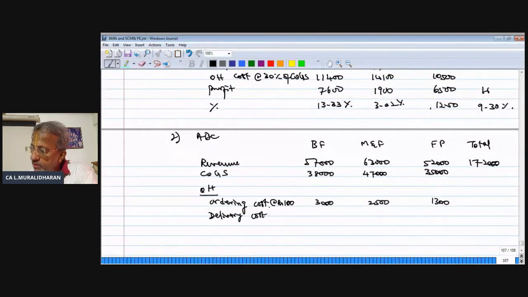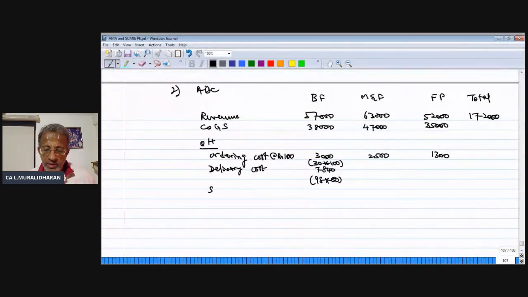Delivery cost at the rate of 80. So how this number comes is 30 into 100. Here it is 98 into 80, $7,840.